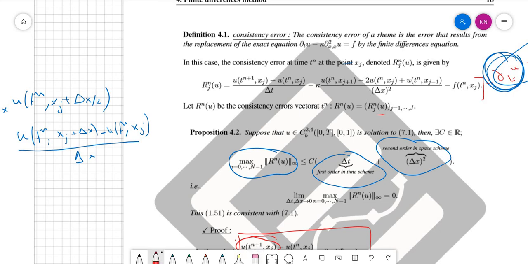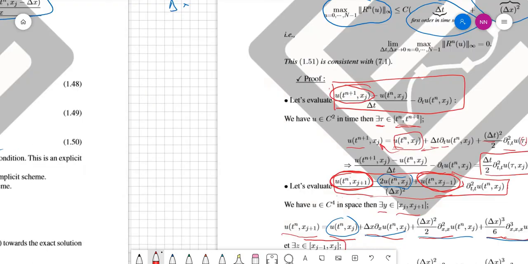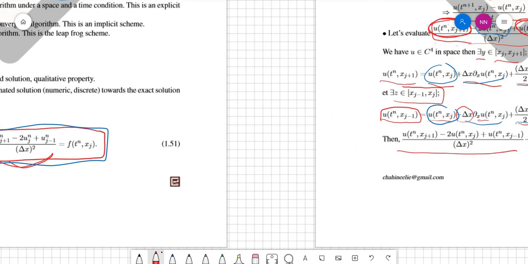Okay, so if you isolate this term, it will be equal to delta t r_n_j minus or plus kappa over delta x squared times delta t times all this term plus delta t f(t_n, x_j), and this is what we wrote in this expression.